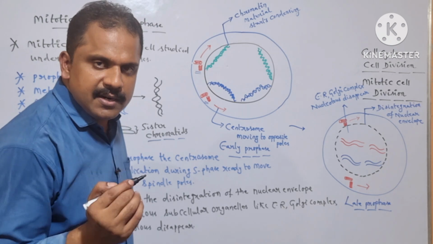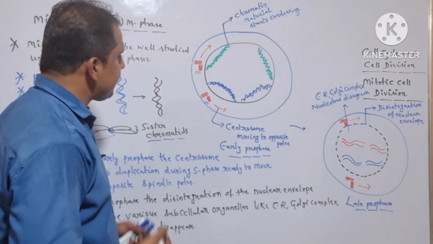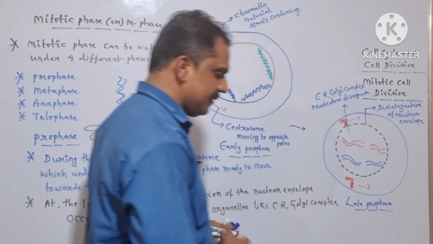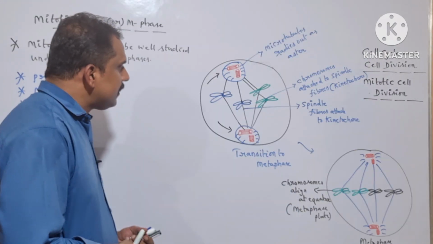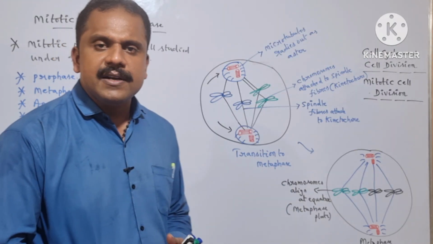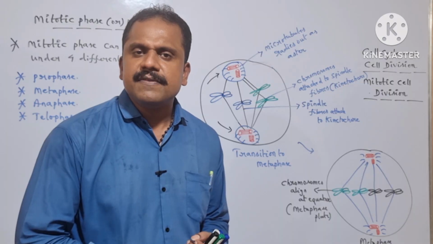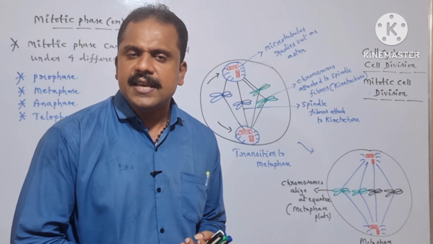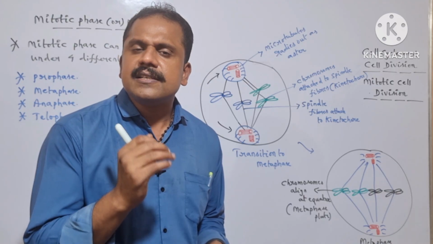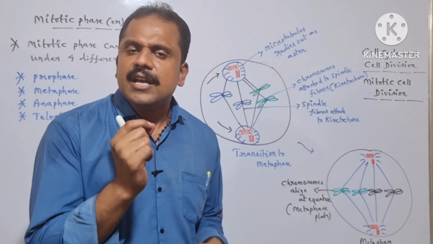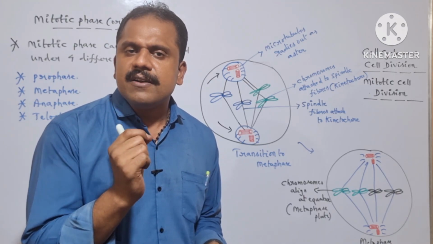So what is metaphase? Let me arrange the things here. After the successful commencement of prophase, the next specific stage of the mitotic cell division is nothing but metaphase. So what are the various cell features which are most commonly observed during the metaphase stage of the mitotic cell division?